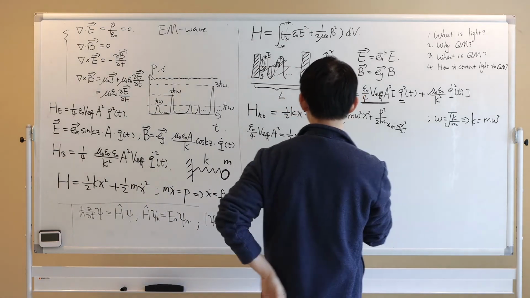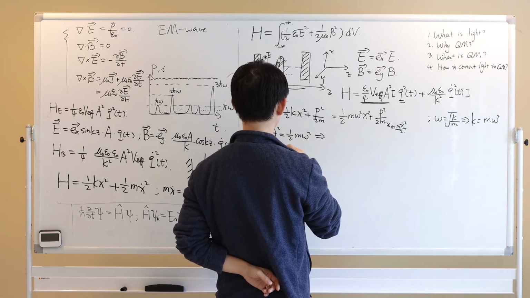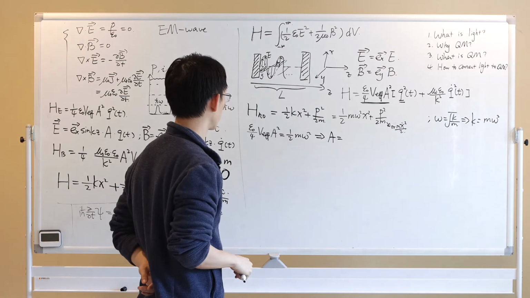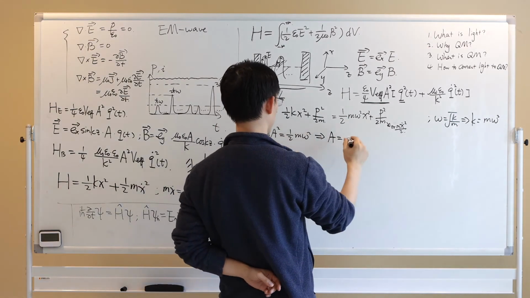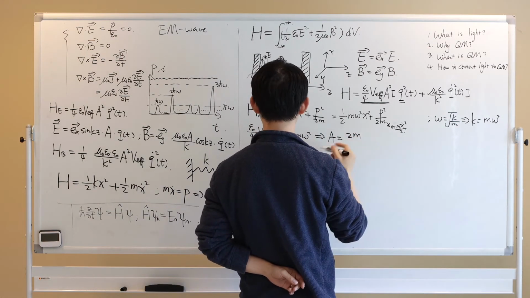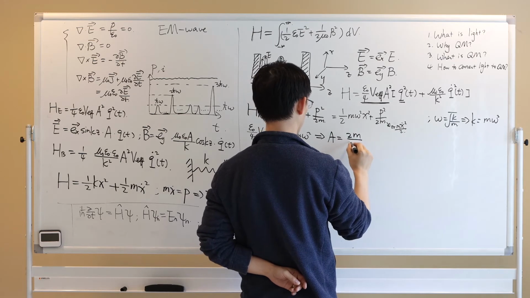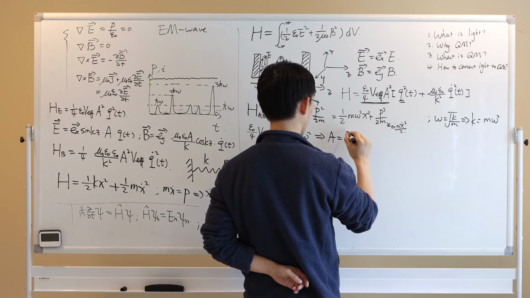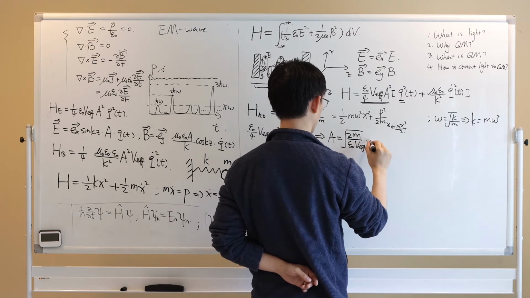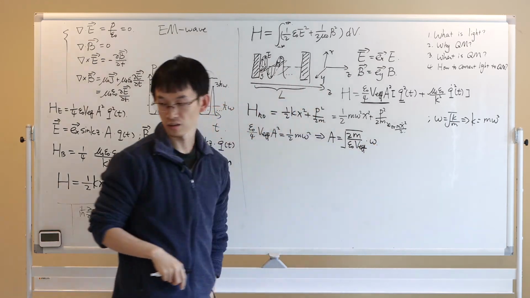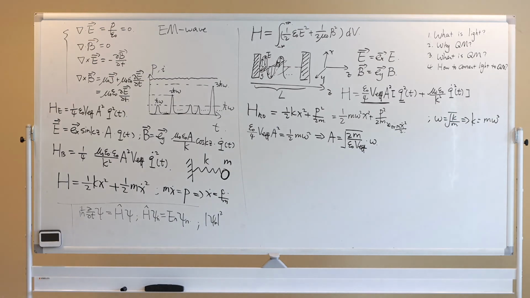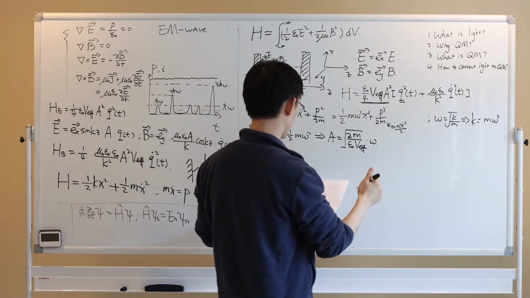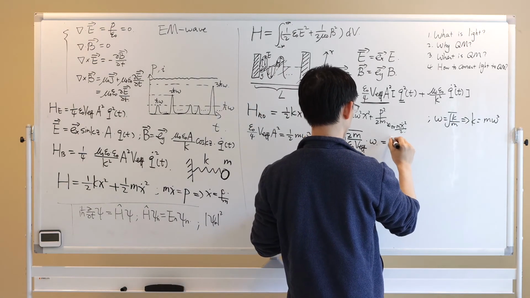If we do that, then A equals the square root of 2m divided by epsilon V effective, times omega. Let me double check. Yes, and a lot of the time people write it this way.